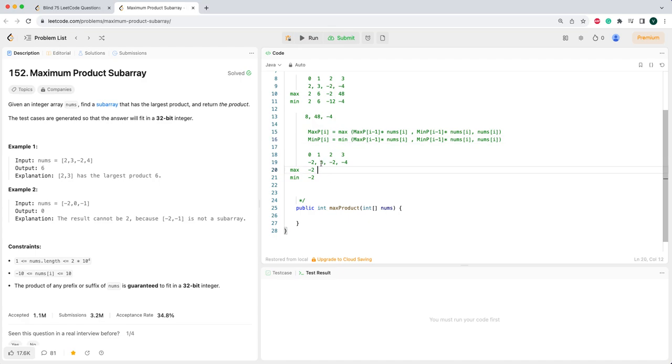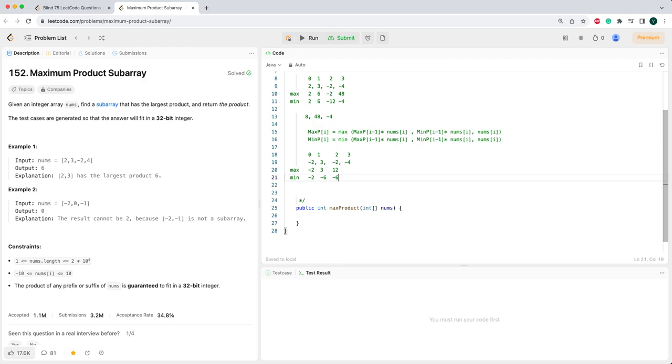Now 3, it would be 3 only, because the minimum would be the minus 6, correct? Now, with minus 2, we need to find the maximum, right? So one is that minus 6, 12, so here it is 12, and the minimum would be the minus 6, I guess, right?